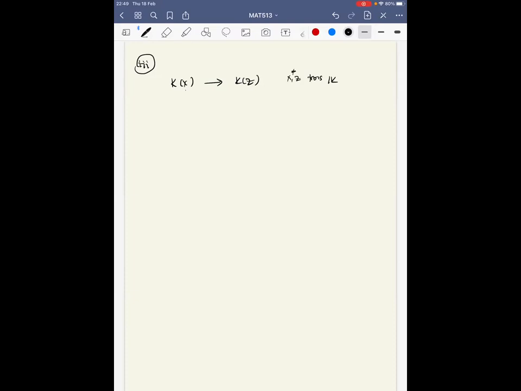We may identify a vector space isomorphism by mapping the transcendental x to the transcendental z. And this is why sometimes we say the rational function field.